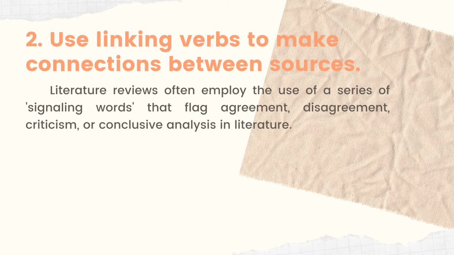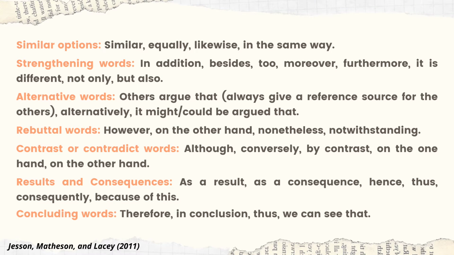Second, use linking verbs to make connections between sources. Literature reviews often employ a series of signaling words that show agreement, disagreement, criticism, or conclusive analysis in literature. A sample of these words is provided by Jason, Madison, and Daisy 2011.